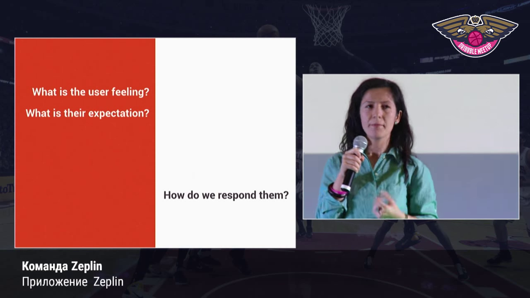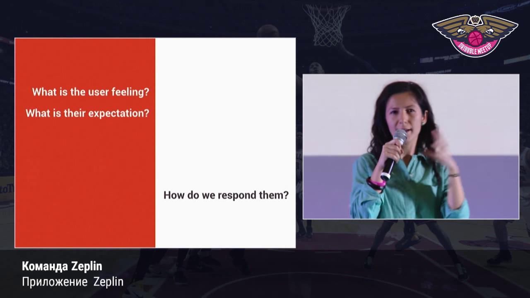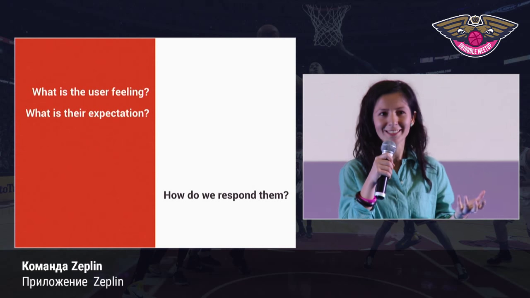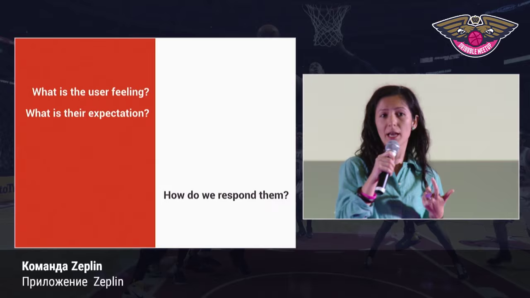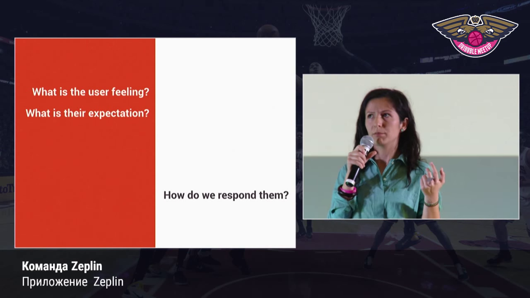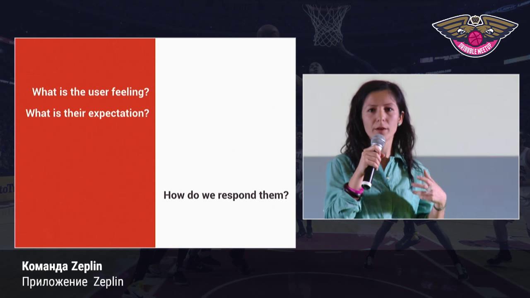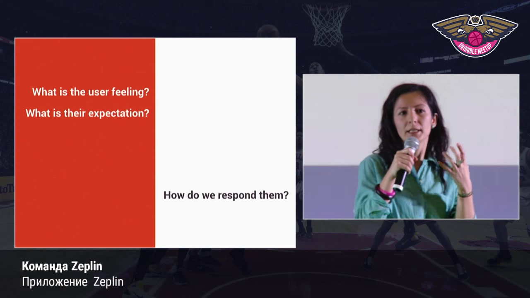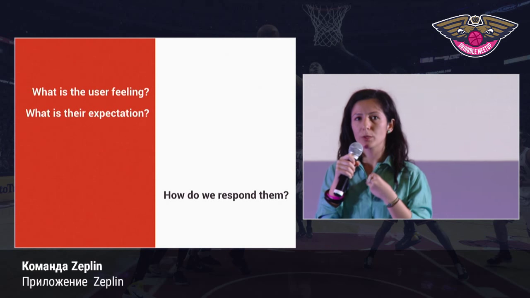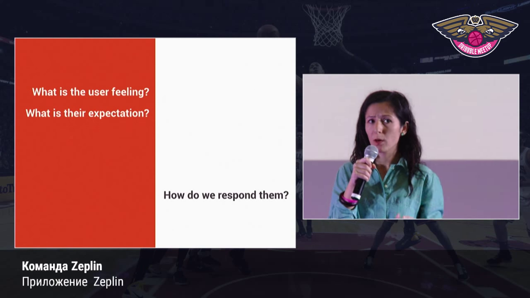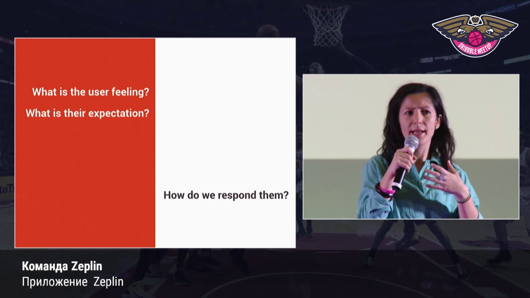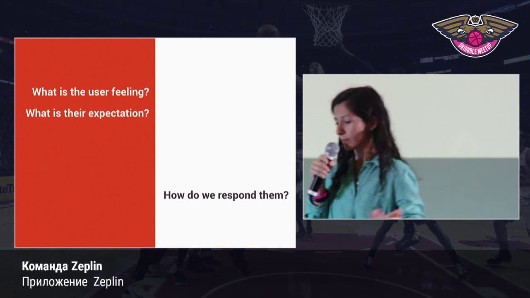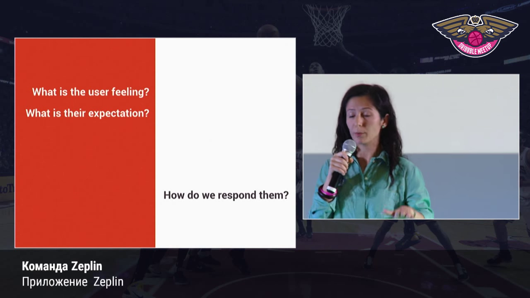Let's say an error message. When an error happens, your users can be stressed, confused, even angry. So your error message needs to say what's going on, offer a next step or solution, and also calm them down.